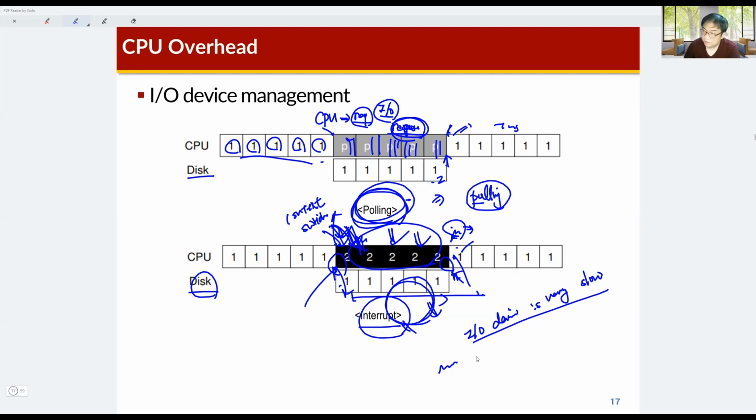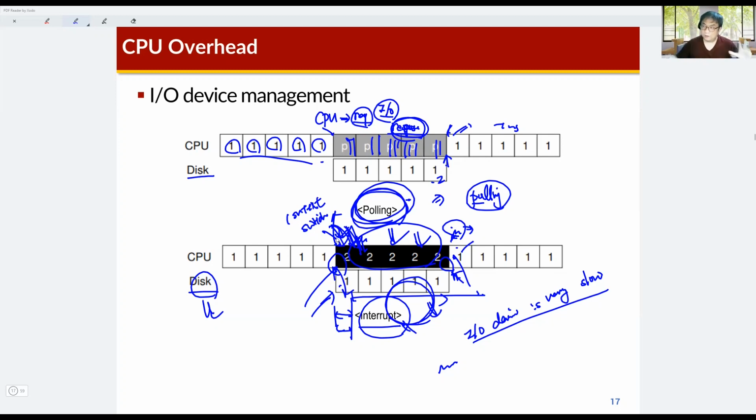But if the I/O device is very fast, the performance is very high, then this time will be very short. That means the processing time by the I/O devices. So what's the disadvantage? Context switch is a very heavy performance burden on the CPU. It's not easy, it's not simple.